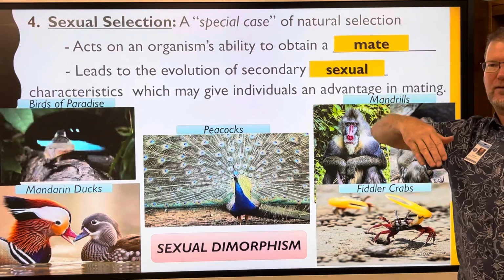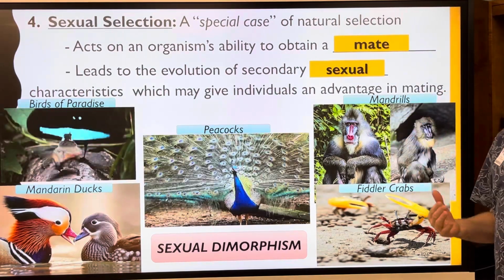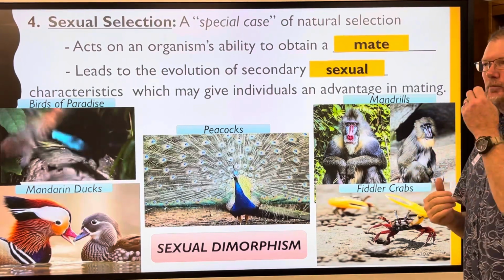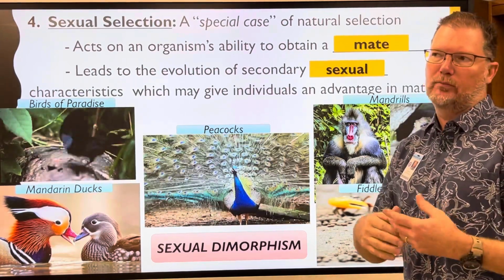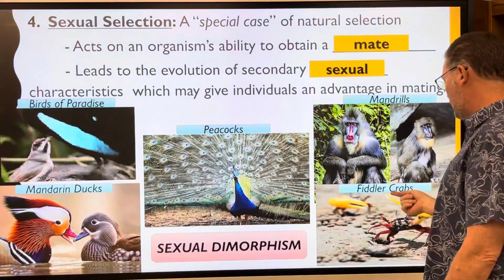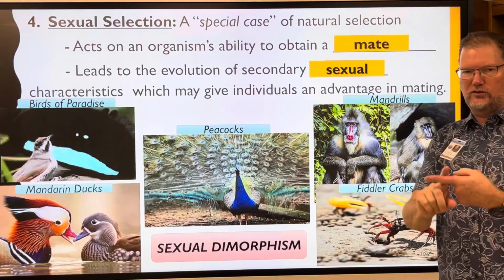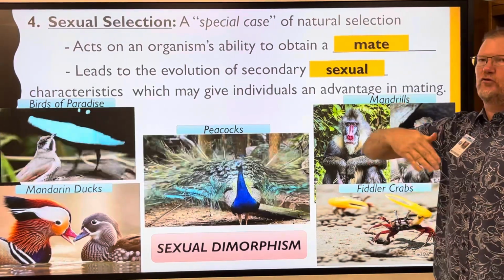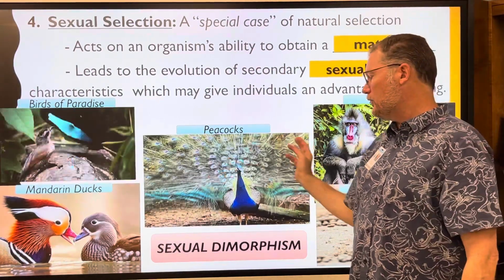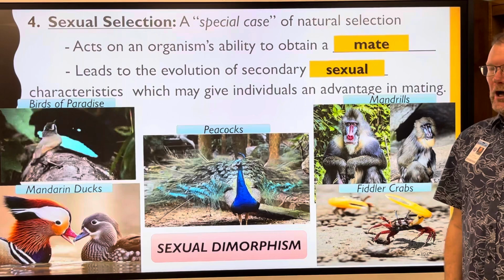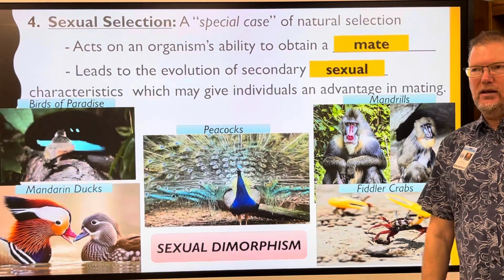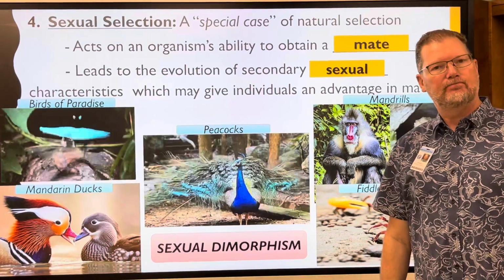Fiddler crabs, the males have the great big fiddler claw that virtually does nothing. They can't use it at all except for attracting a mate or maybe defending a territory, but they can't. You could put your finger in there and it doesn't hurt. It doesn't do anything. It's weak. It's just there for show. It's quite amazing. Same with the peacock's feathers. Other than attracting a mate, it doesn't serve any other purpose.